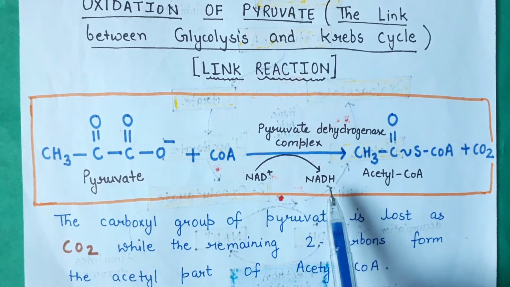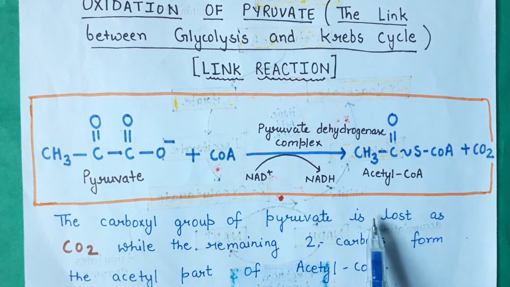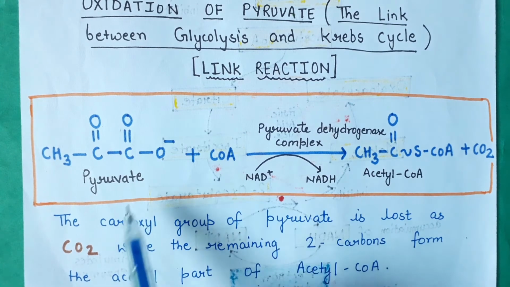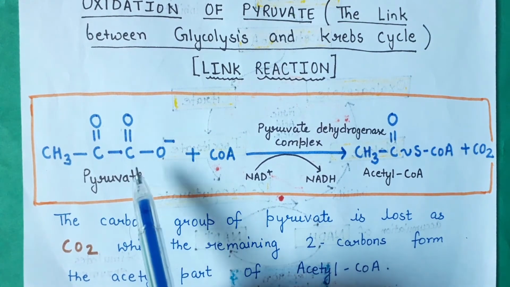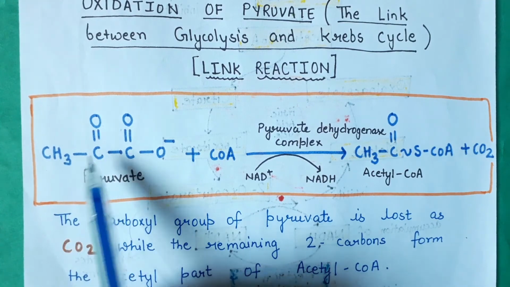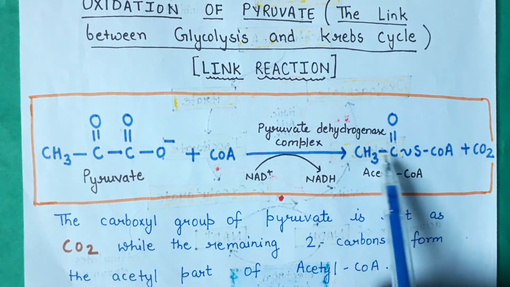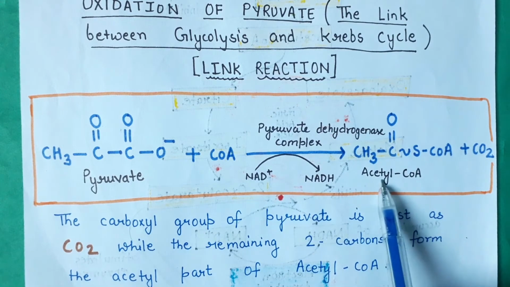These NADH will be later utilized in the electron transport chain, and we will discuss that in detail there. The carboxylic group of the pyruvate is lost as CO2. This is the carboxylic group of the pyruvate. It gets lost as CO2 while the remaining 2 carbons form the acetyl part. This CH3CO is your acetyl.